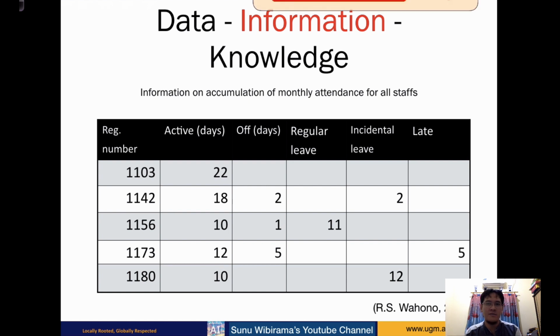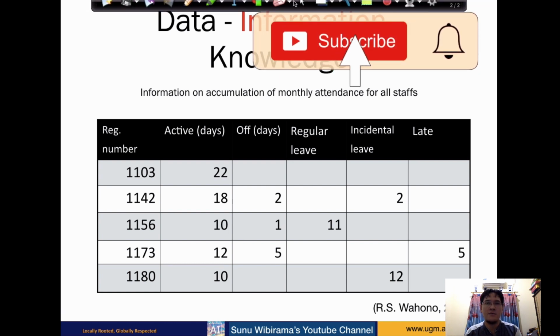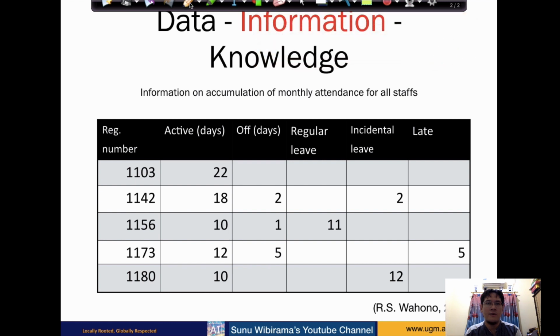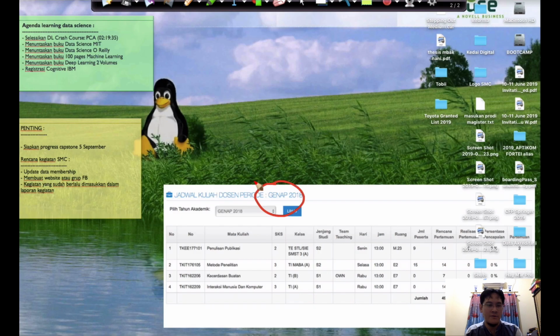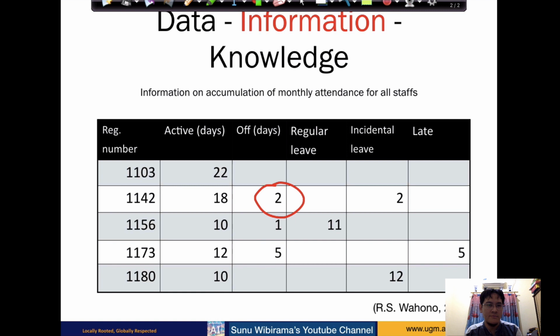And then your second staff, you found out that you have only 18 days active, and he or she got 2 days off here, for example. And then the third staff, surprisingly, he or she got only 10 days active, etc.